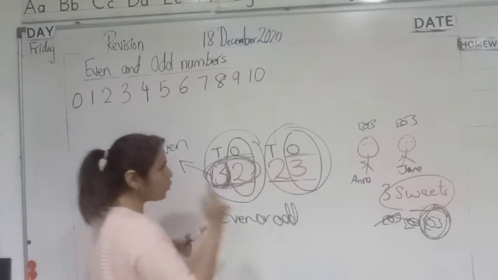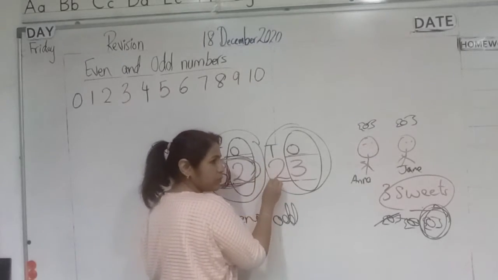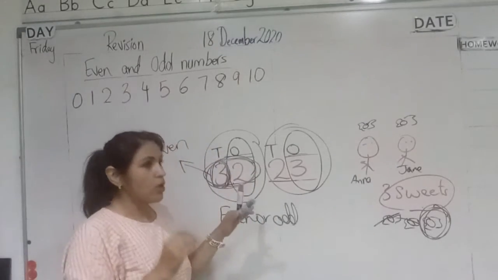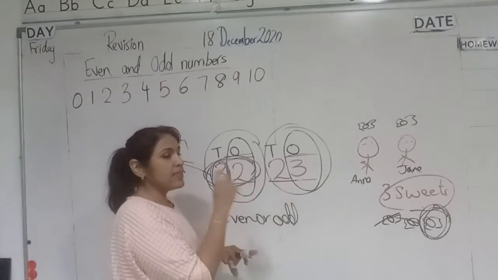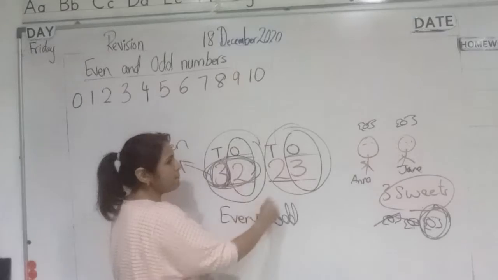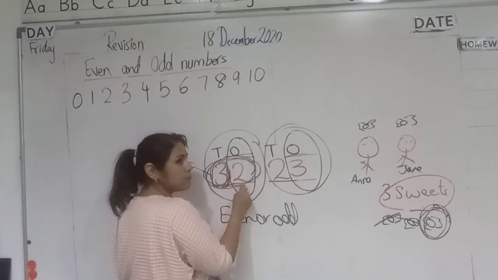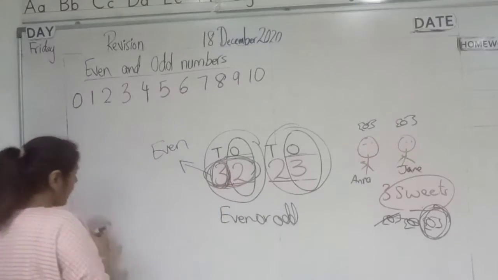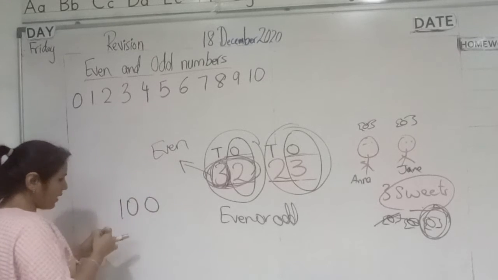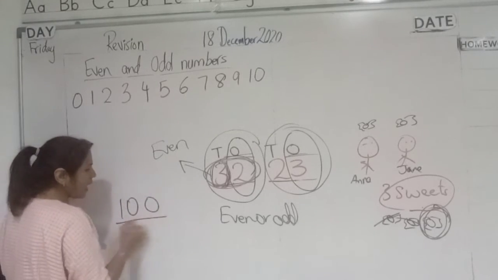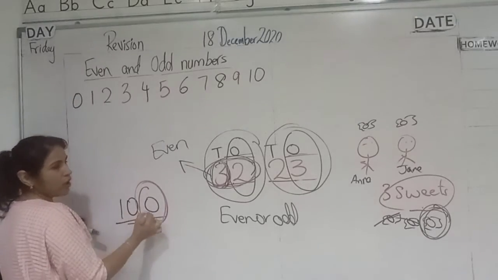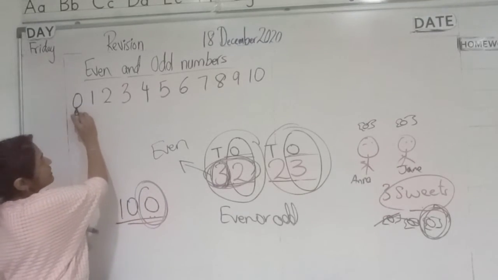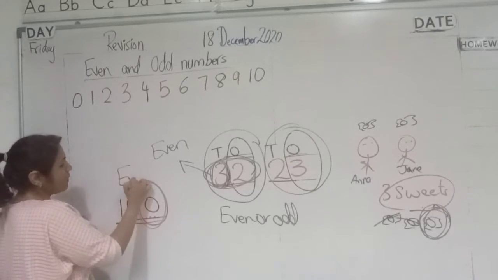Say 23. Though it is starting with 2 in the tens place, whether a number is even or odd is decided by the number which is in the ones place. So if I say 100, in the ones place you have 0, and 0 is an even number.